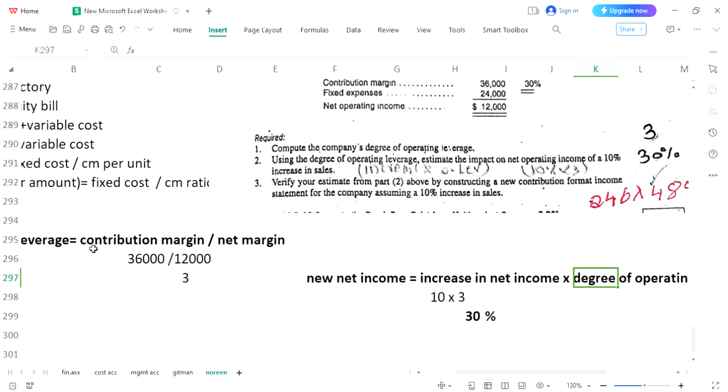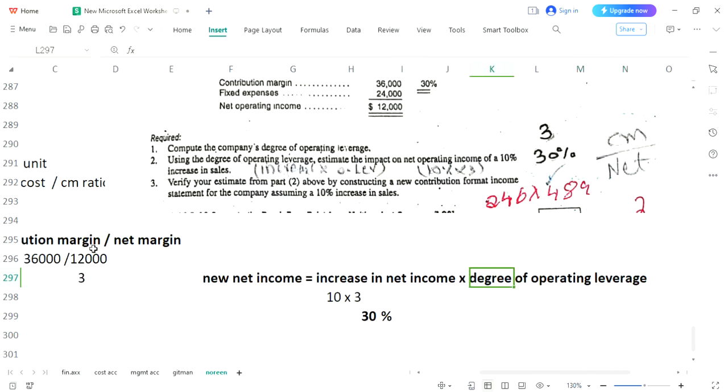Then you have learned a new lesson, how this degree of operating leverage will help you to predict your new income. And it has been said that if there is an increase of 10% in sales, please focus upon the sentence. If you will increase your sale by 10%, your income will increase by 30%.